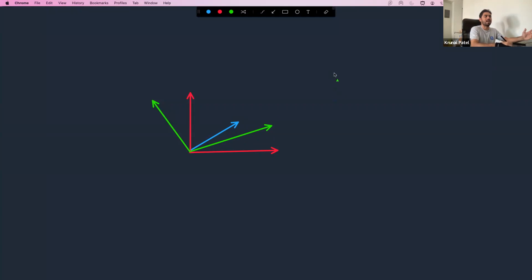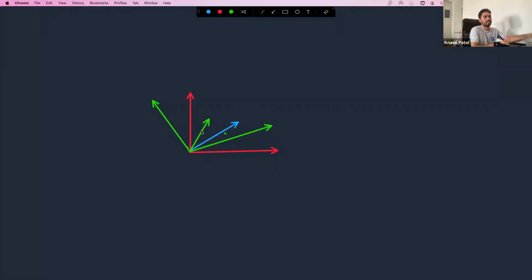We don't know exactly where it will land, but if we multiply this vector with the matrix, we will get another vector. This is not the exact answer, but let's say in the new vector space, this blue vector comes over here, right? It may not have the same length, and it may not land at similar distances from the axes.